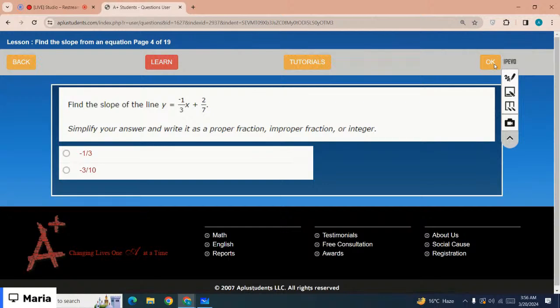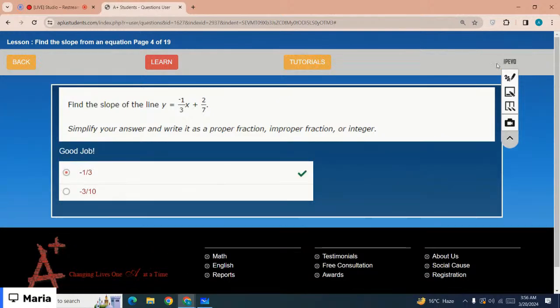Find the slope of the line y equals negative 1 over 3x plus 2 over 7. So which is the correct option? The correct option is negative 1 over 3. Option number 1 is the correct option.